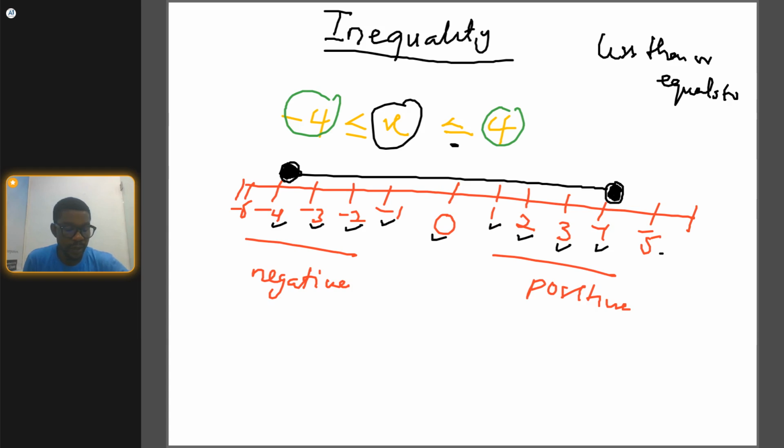All right. Now let's proceed to today's business, which is solving inequality in quadratic equation. Permit me to wipe the board.